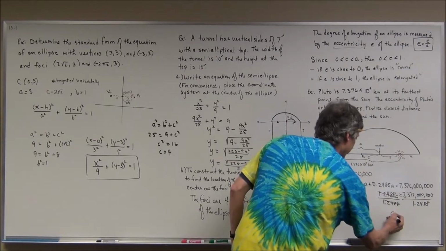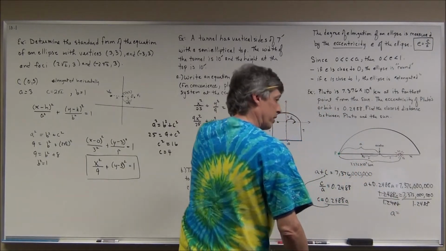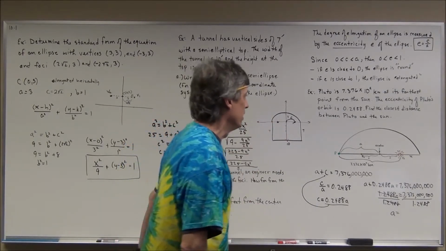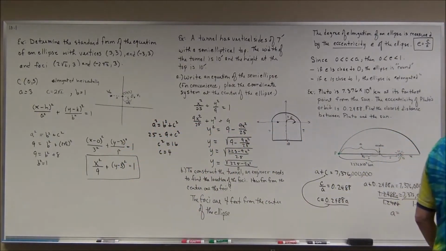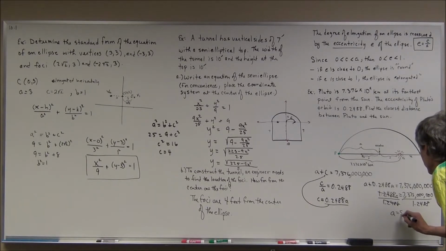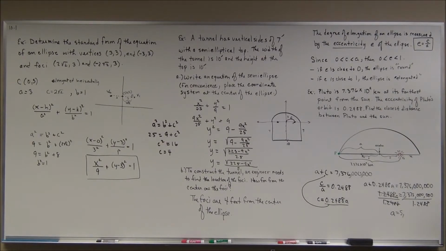And I get a is equal to, I've got to grab my calculator, and I don't have it. Hopefully I wrote it down on a piece of paper, and it looks like I did. I got a to be 5,906,470,211, apparently to the nearest kilometer.